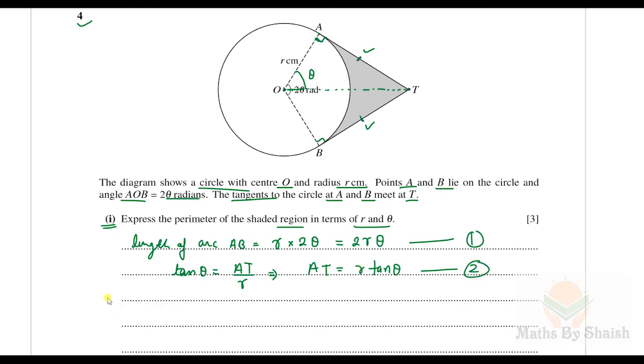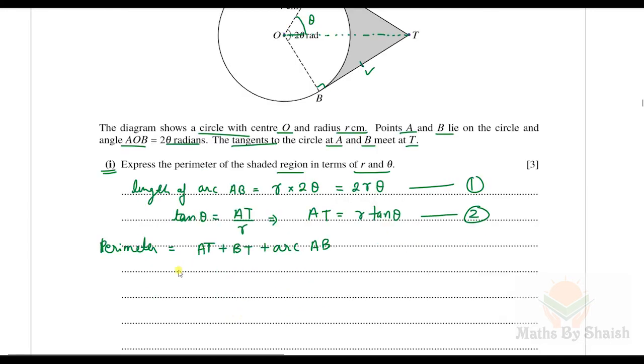So the required perimeter is going to be AT plus BT plus arc AB, and we know that AT and BT are the same, so it is going to be r tan theta plus r tan theta plus 2r theta.